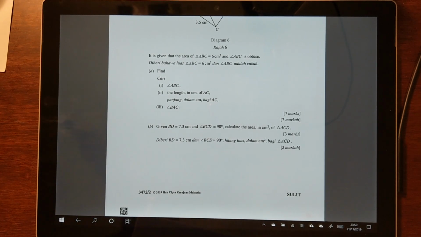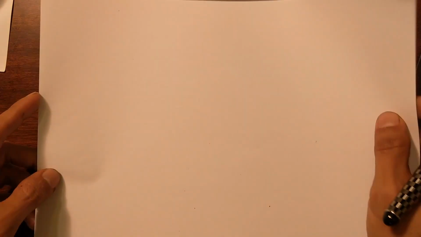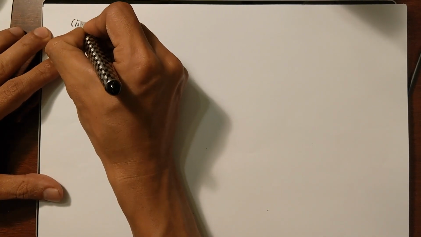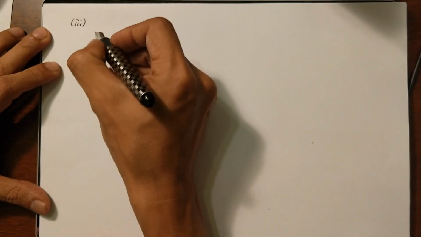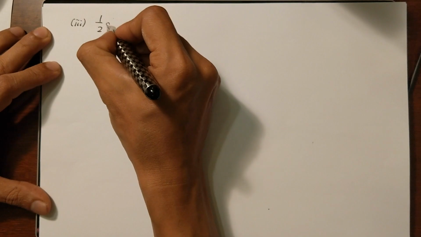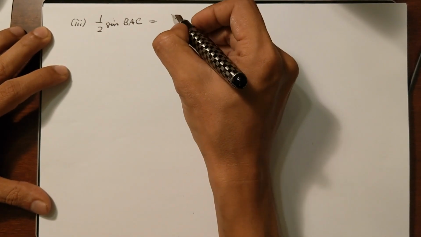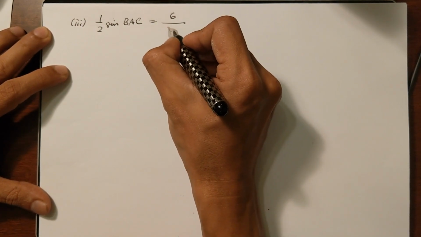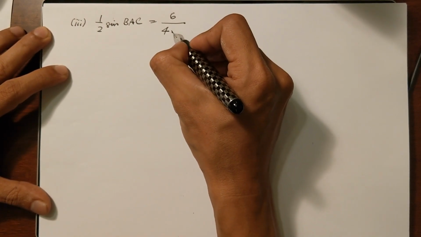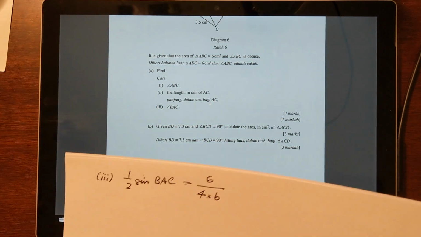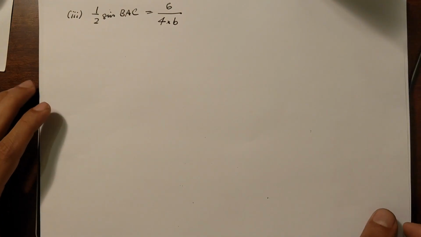Now, angle BAC can be found in, I guess, several ways. Simplest way is again to use the sine law. So that's section 3. We've got half sine angle BAC is equal to the area divided by the first side times the length b, which was that ugly 6.5, whatever number that down there.